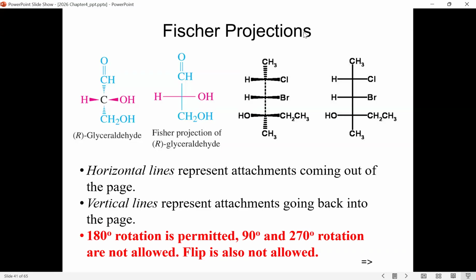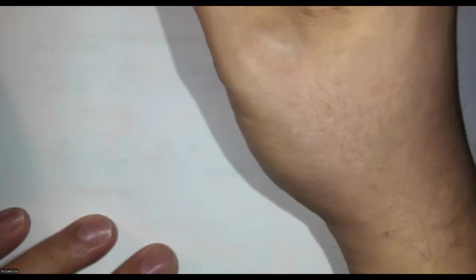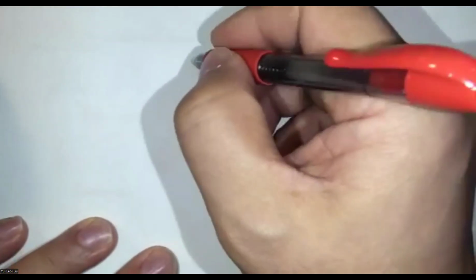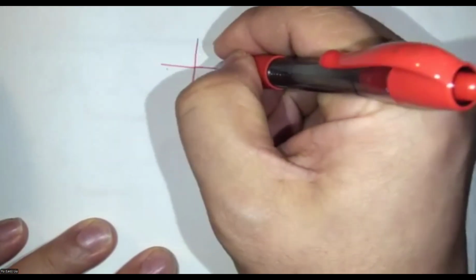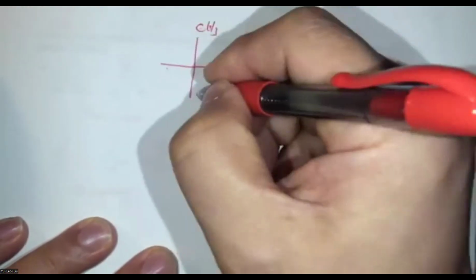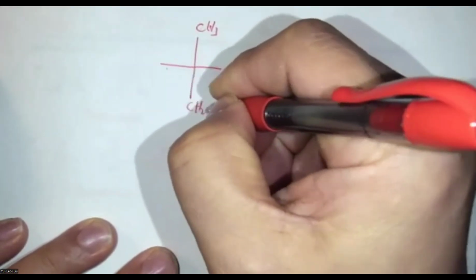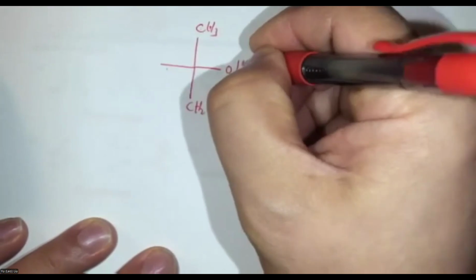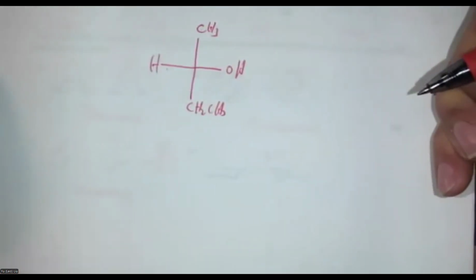And also, in future classes, maybe on an exam or quiz, you should also be able to assign R/S based on a Fisher projection. So let me give you one example here.